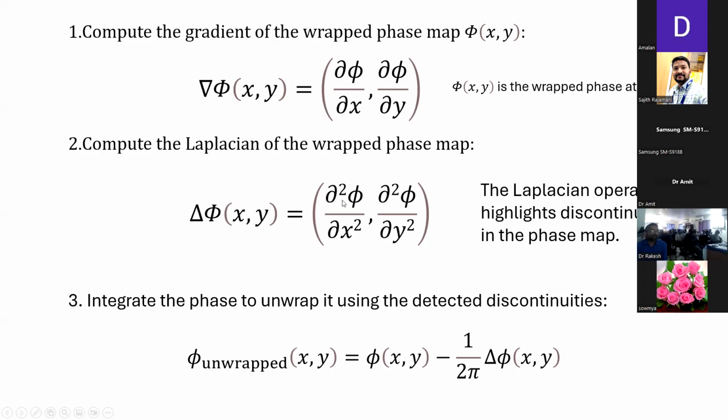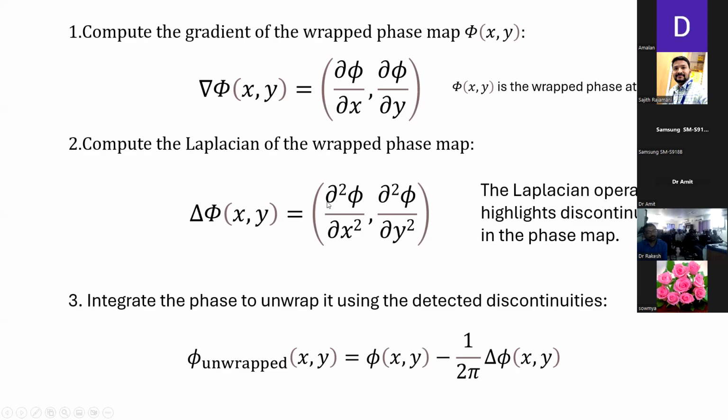What the Laplacian operation does is measure this rate, so we can say delta phi of xy is actually the second order differential operator, which highlights the discontinuities. So we can estimate these jumps because it is a second order differential operator.